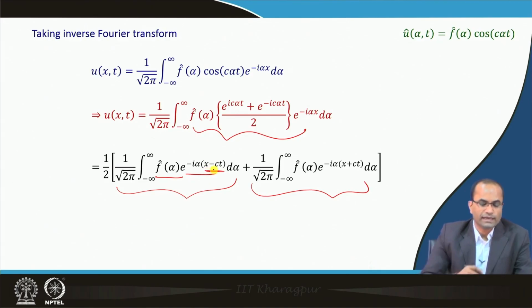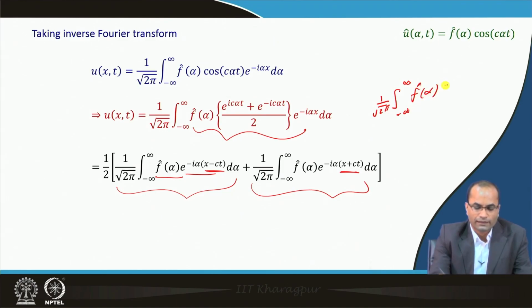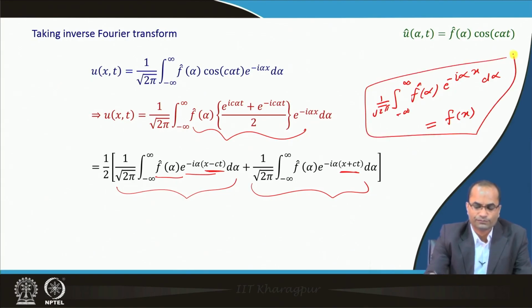So, instead of this x we have here x minus c t, and instead of this x we have x plus c t. Being this x here just 1 over square root 2 pi, minus infinity to plus infinity, f hat alpha and e power minus i x d alpha. This is the definition of f x, the inverse Fourier transform.